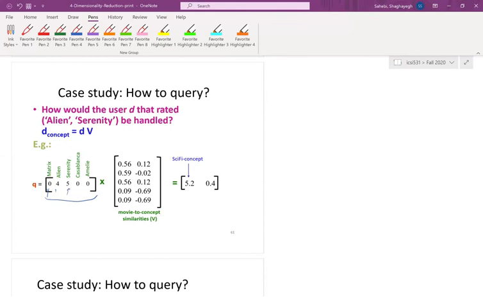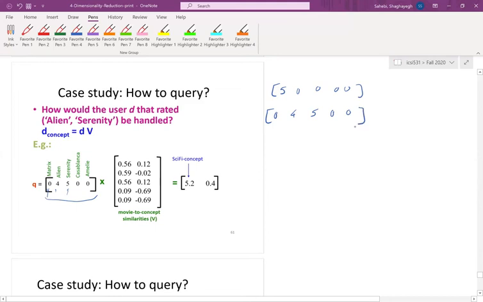Now, if I want to compare this person with our query that we had originally, which was 5, 0, 0, 0, 0, using the dot product between the two, I will see that the dot product is 0. So the similarity between these two people is 0.